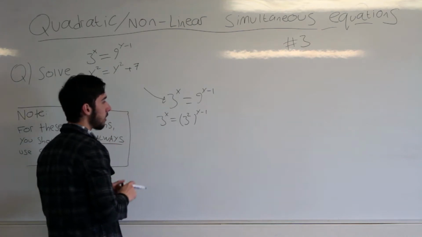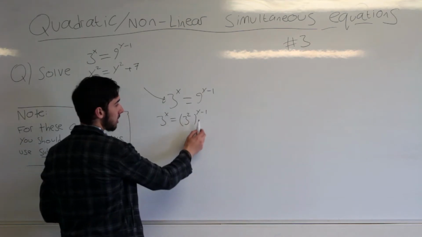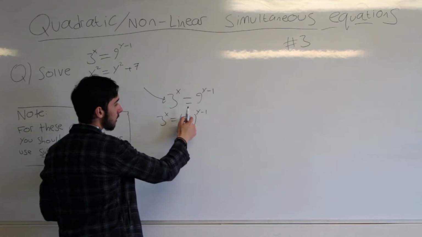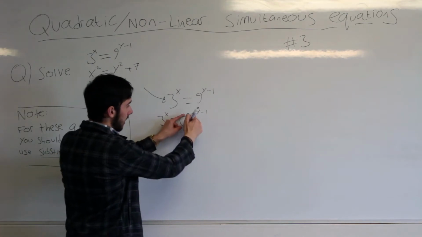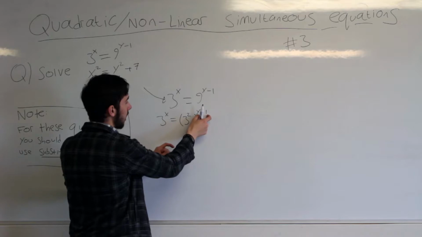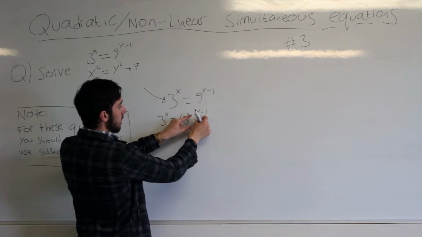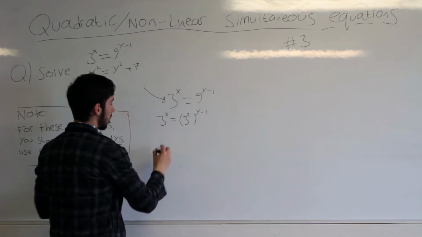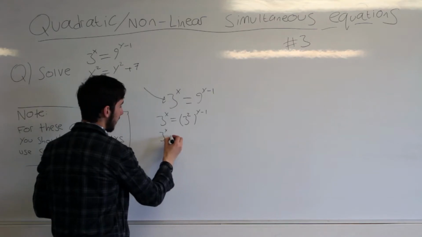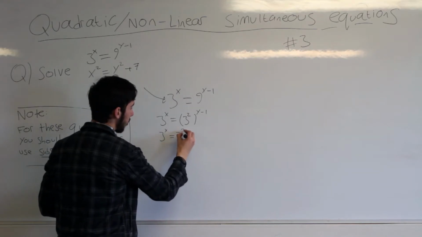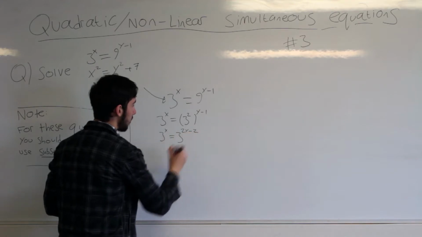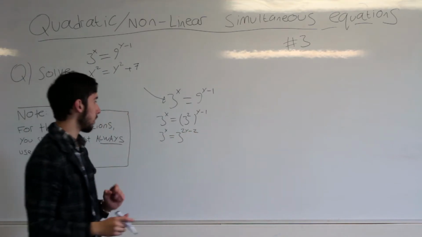But now I'm going to use the index law that when you have something to a power, in brackets, and those brackets are raised to another power, you can multiply these two powers together. So we can say 3 to the x is equal to 3 to the 2y minus 2. Stick with me on this.